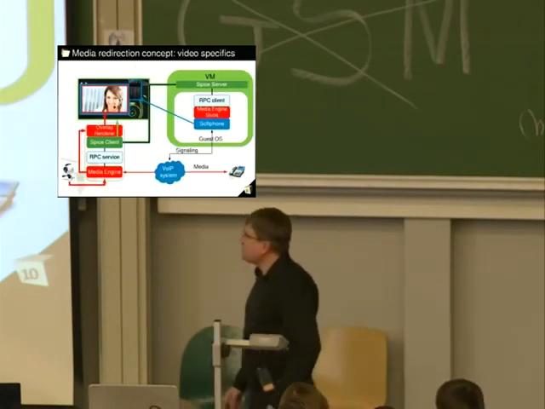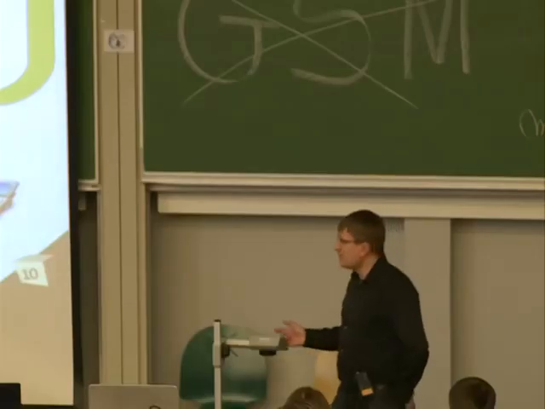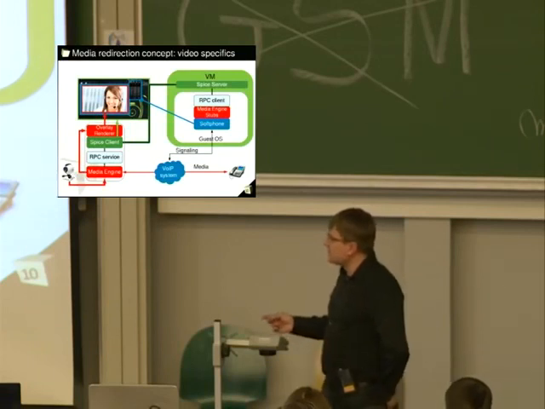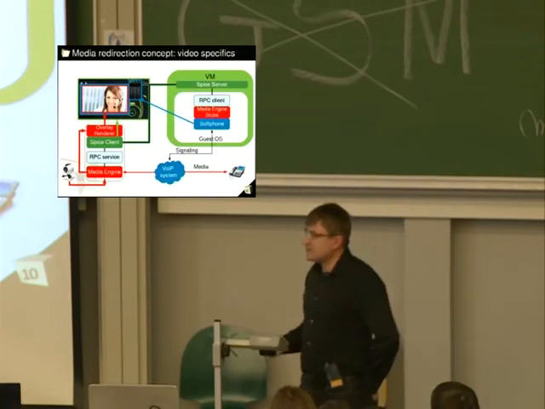And a few words about video here. Video is more complicated than audio because we need to display the video on top of the virtual screen of the SPICE client. For this case, we need some kind of overlay renderer API in the client.